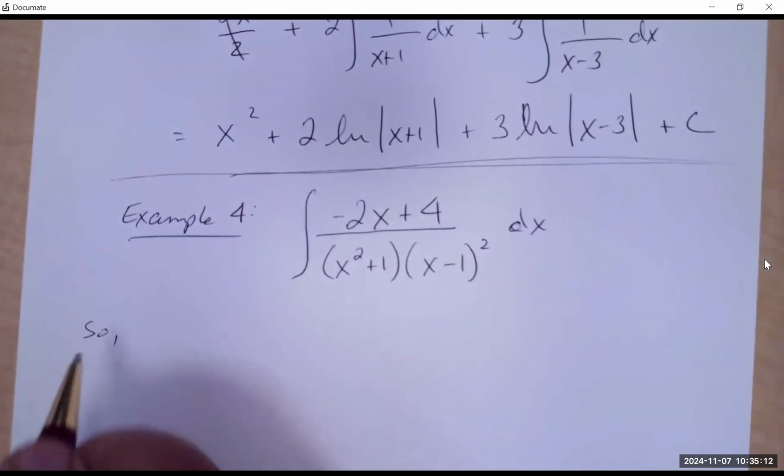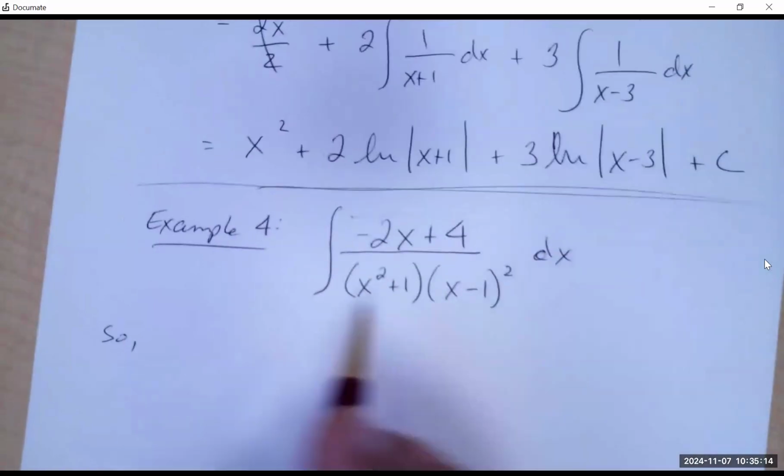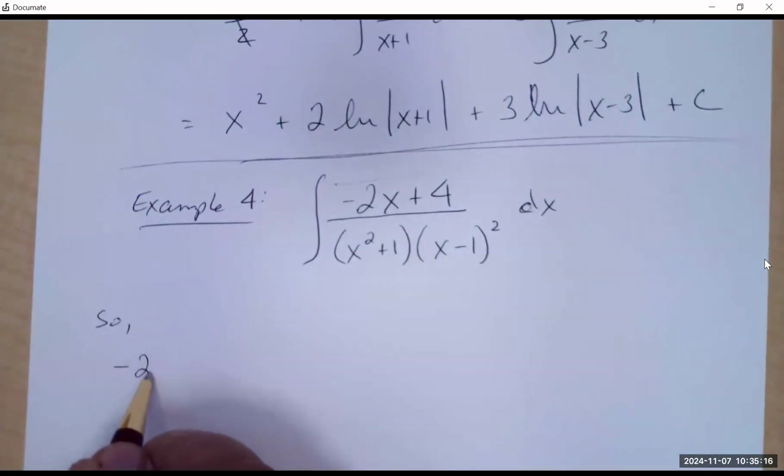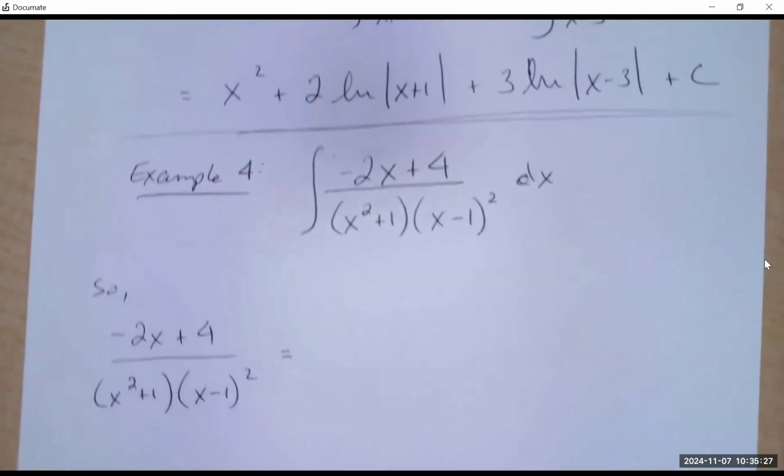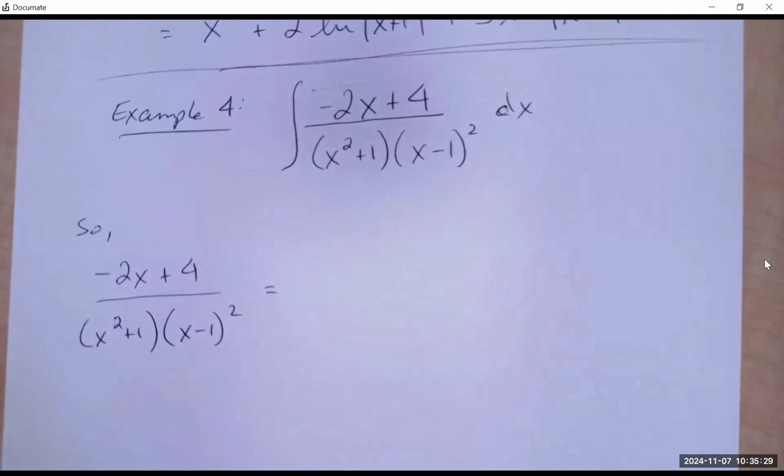So what does that mean? Let's just look at what we have here. We have negative 2x plus 4 over (x squared plus 1)(x minus 1) squared. How many denominators do we have? 3. So we're going to have 3 parts.